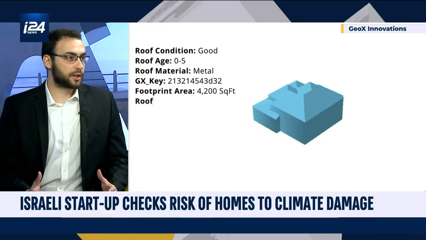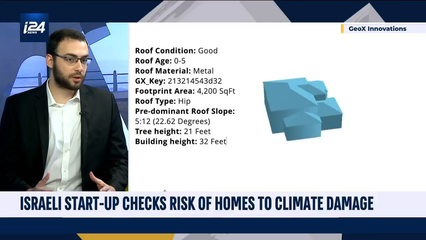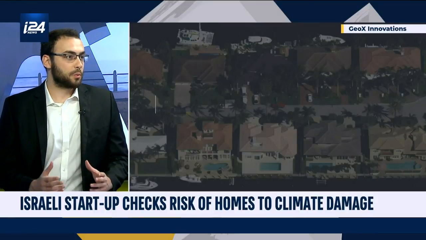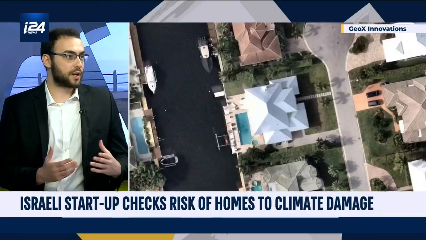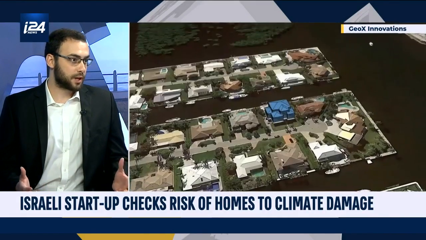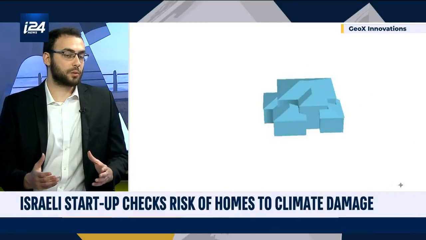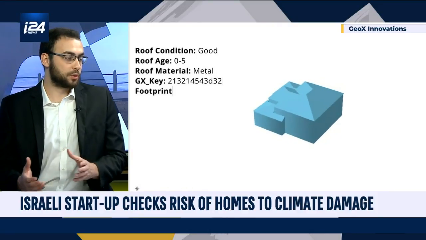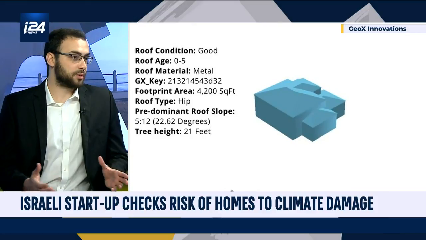We saw that in Hurricane Ida, you have the tree falling on the house, very common, also in New Jersey and more, also in Europe as well. When we understand the height of the tree and the height of the property, and you see the distance, we can predict what will be the damages if this type of tree falls on the house, if it will be significant or very low.